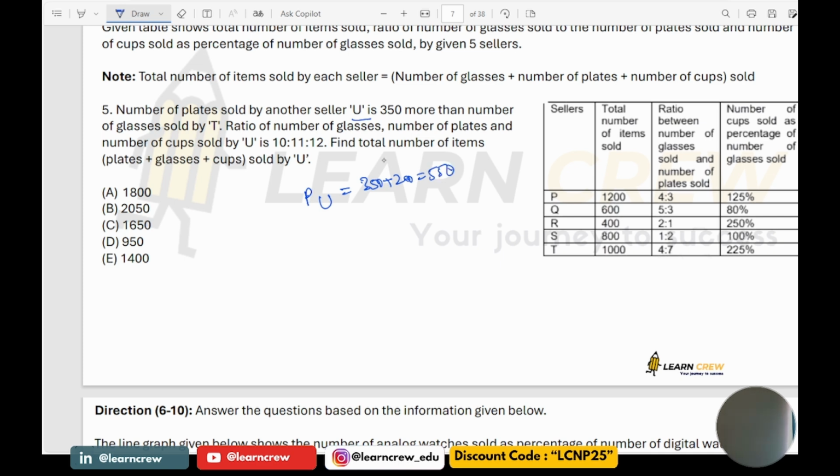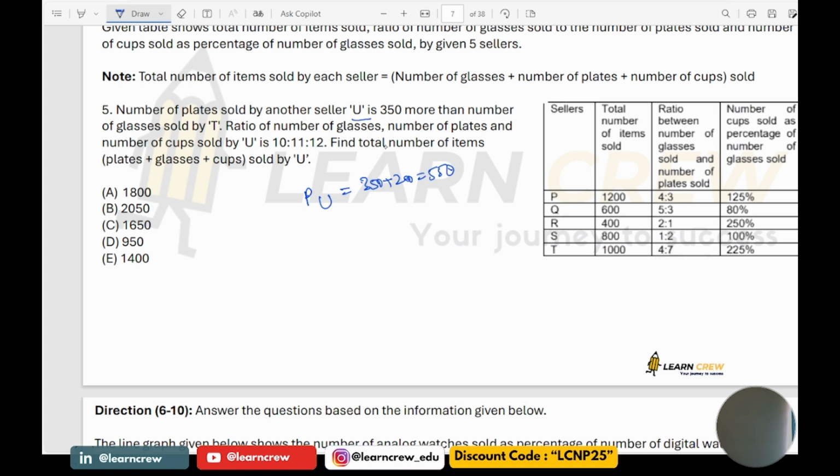The number of glasses, plates and cups sold by U are in the ratio 10 is to 11 is to 12. 10 plus 11 is 21, plus 12 is 33 parts.